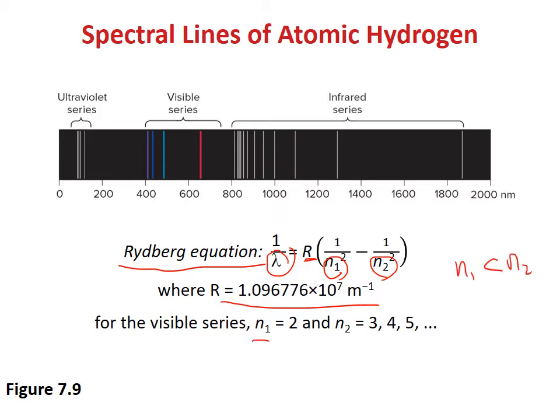So if n1 is 2, then n2 can be 3 or 4 or 5. Using this equation, you can calculate all the wavelengths emitted by hydrogen atom. On the other hand, including Rydberg himself, no one understood what n1, n2 mean, and this had to wait until the Bohr model of the hydrogen atom was proposed.